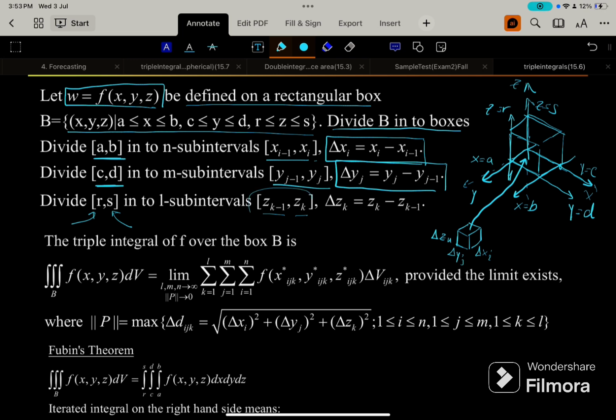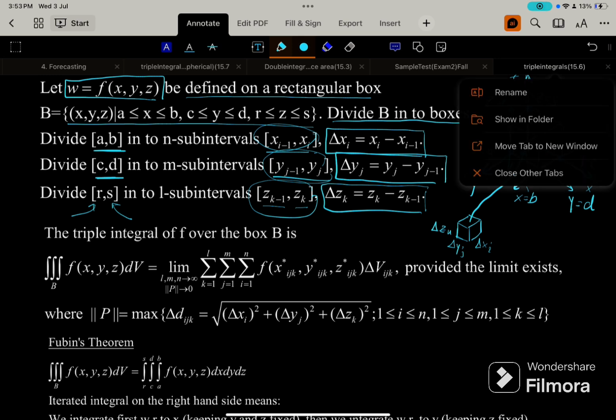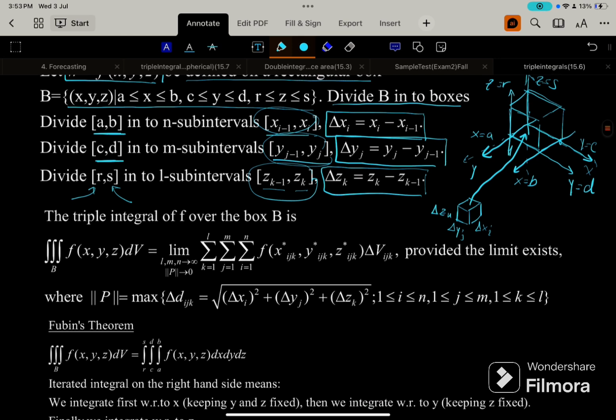This is one subinterval, this is another, and this is another. These are just some of the subintervals that we're gonna divide this whole box into. And so we do have delta zk equals zk minus zk minus 1. And so using this definition, we can define what we call the triple integral of f over this box.